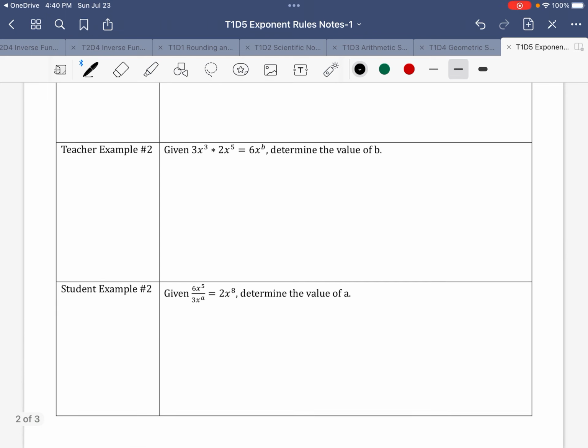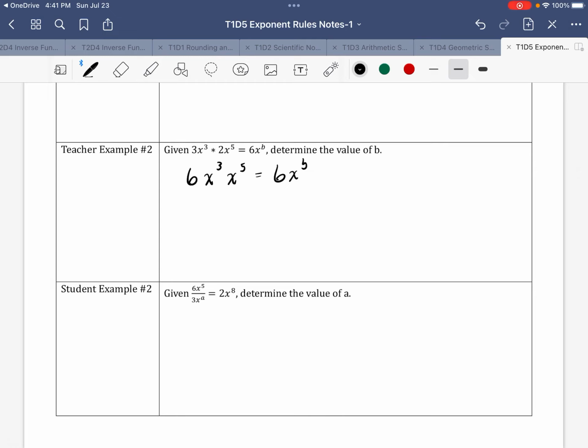Moving on to teacher example number 2. It says given 3x cubed times 2x to the 5th equals 6x to the power of b. What is our value of b? So here we can start simplifying. We already know that 3 times 2, those are our coefficients, equals 6. So that's a good start. 6, and then we have x to the third, x to the fifth, equals 6x to the b.